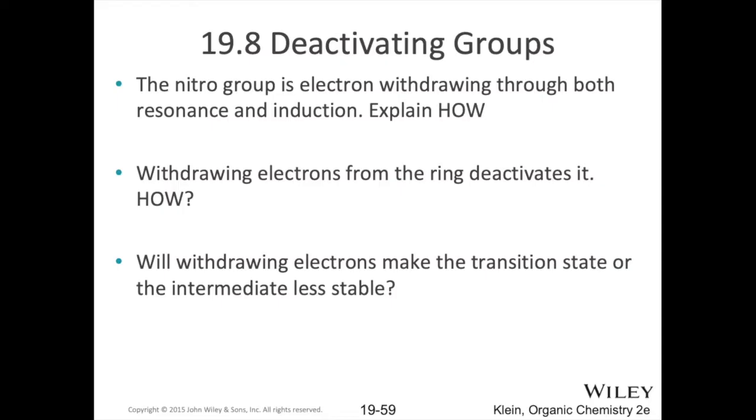So later on when we start looking at the selectivity of a lot of these deactivating groups, it's due to this opposite effect. It's because the products that don't form are made less stable, or their transition states are made less stable, rather than the products that are formed through more stable transition states, like with the activating groups that we just saw.